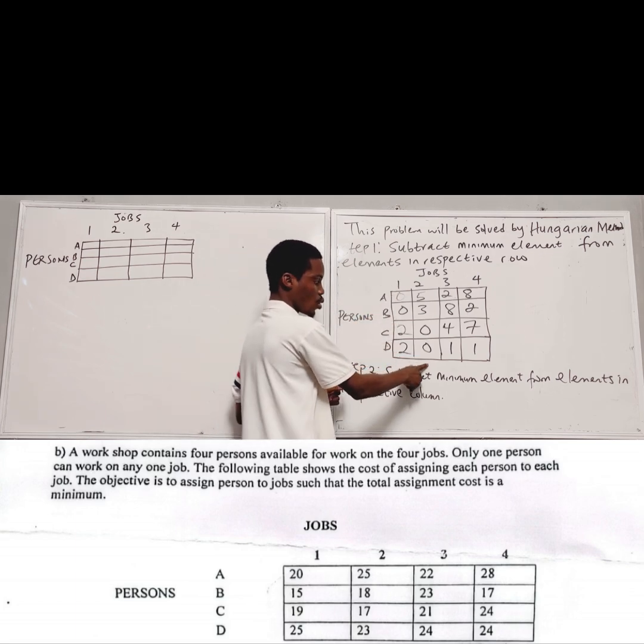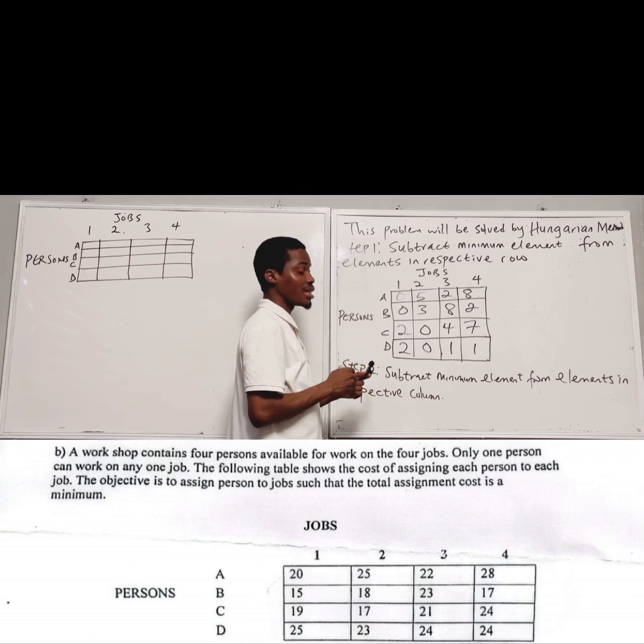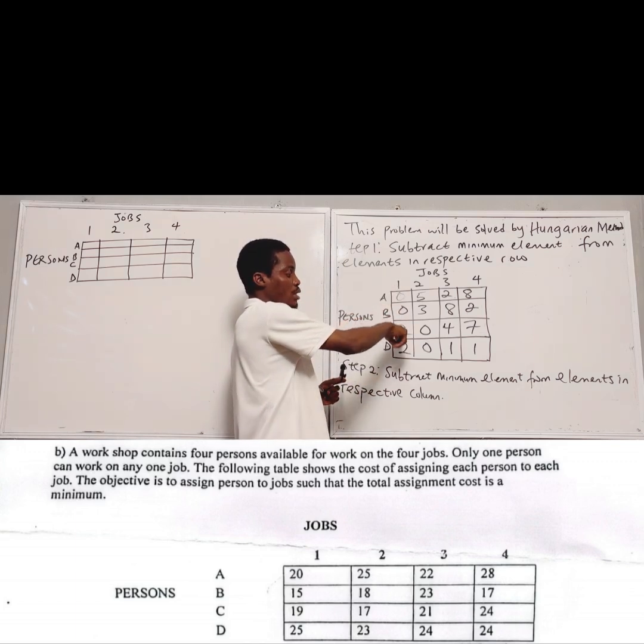This is column 1, column 2, column 3, column 4. In this first column, the least element is 0, so 0 will be subtracted from all the elements here.